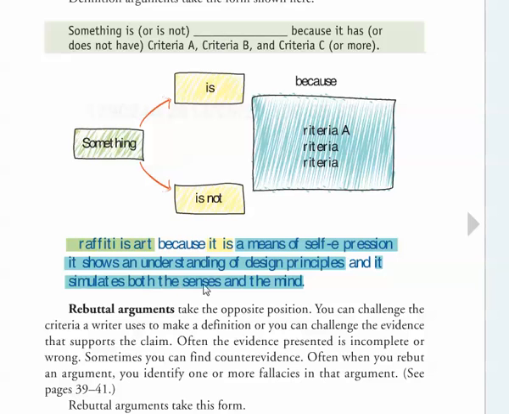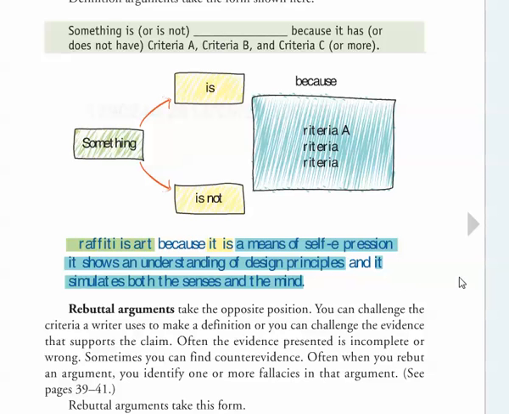It shows an understanding of design principles, and it stimulates both the senses and the mind. Okay, so these here are the criteria. This is, it is, and the something, whatever it is here, is graffiti.